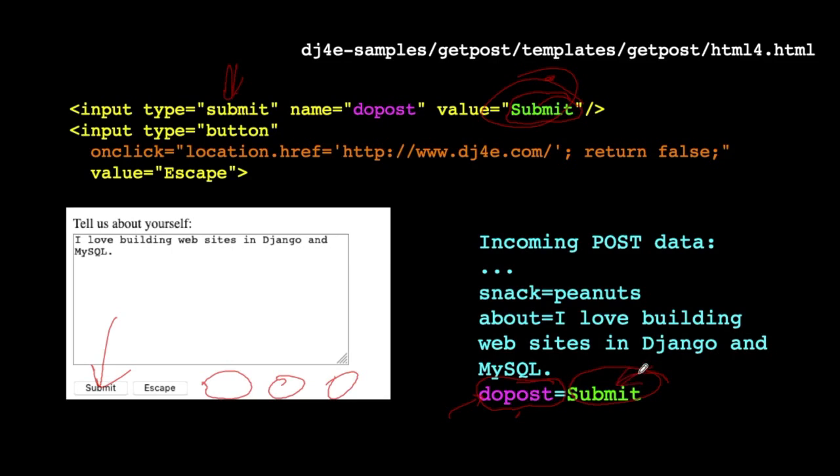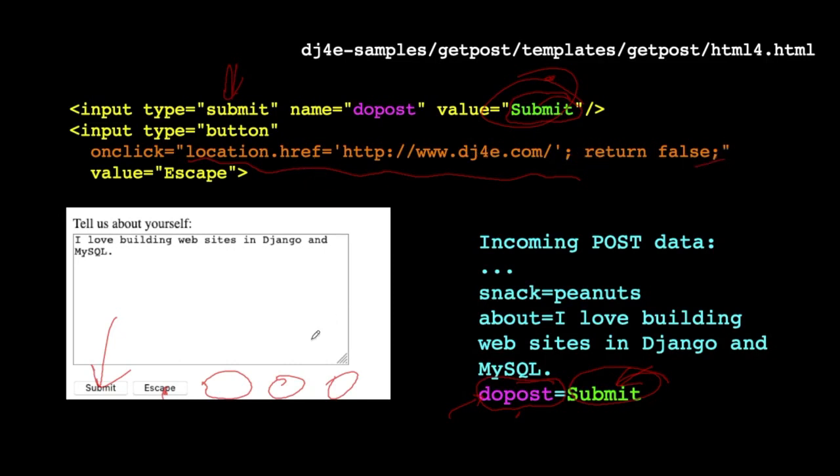So that's an input type. Input type equals button. This is a little pattern where I'm going to do an escape or a back or something like that. Sometimes it's easier just to do a little JavaScript. This little JavaScript chunk is location.href equals quote www.djfree.com return false.